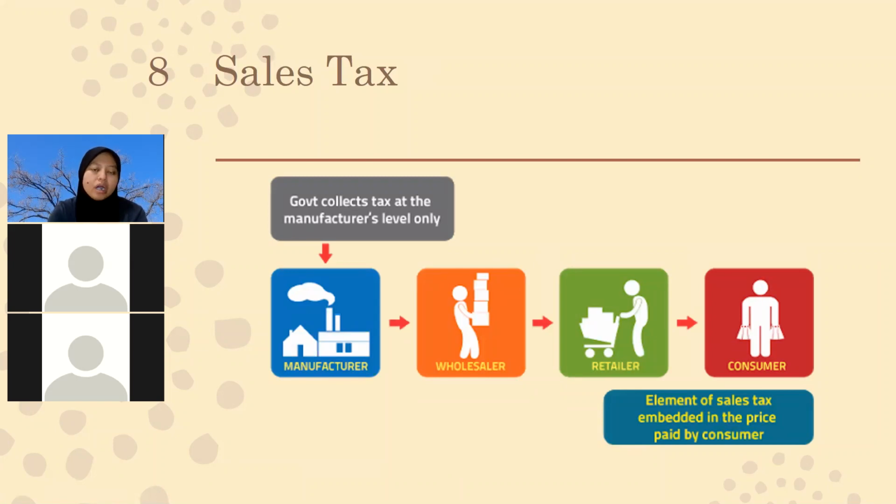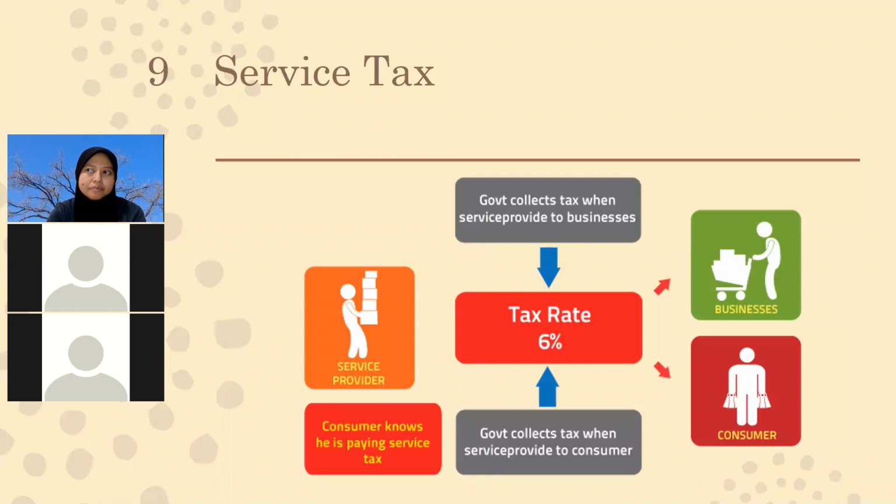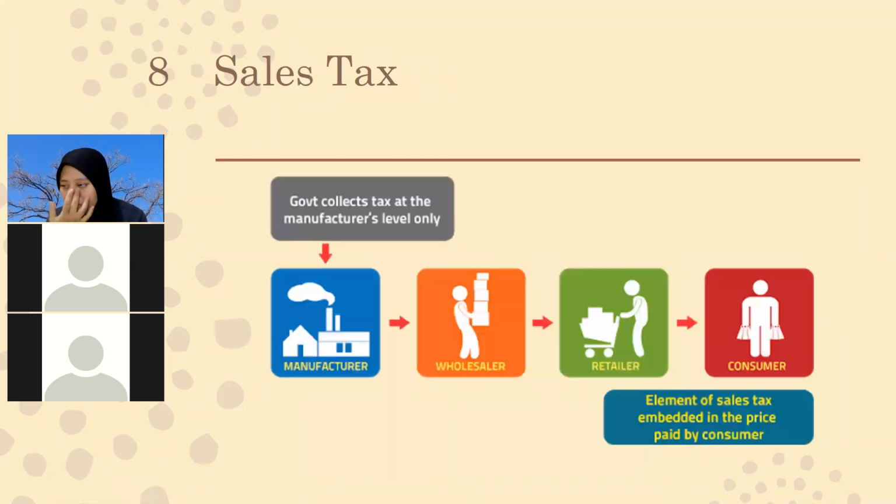So I guess for businesses, for service providers, it doesn't make much difference, but for sales tax, only the manufacturer has to do all the procedures related to sales tax.